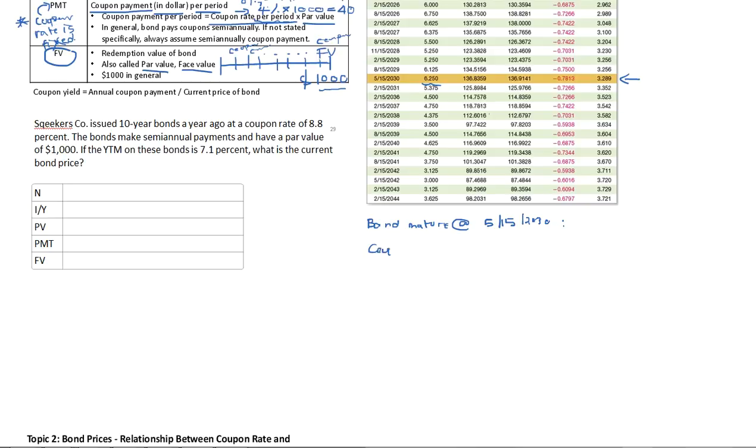The coupon rate for this bond is 6.25%. And since it doesn't say anything, we can simply assume that it's paid semi-annually.